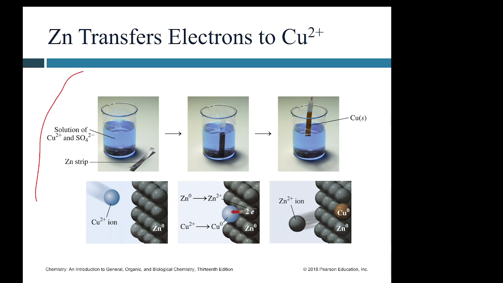So this right here is actually an oxidation reduction occurring. Here we have this blue solution. Everybody good with that? That's actually copper 2+ in the solution, causing that nice blue color. And so we're going to throw a zinc metal in there. When we put that in there, the zinc is going to lose electrons, and the copper is going to gain the electrons. It's an oxidation and reduction, right?